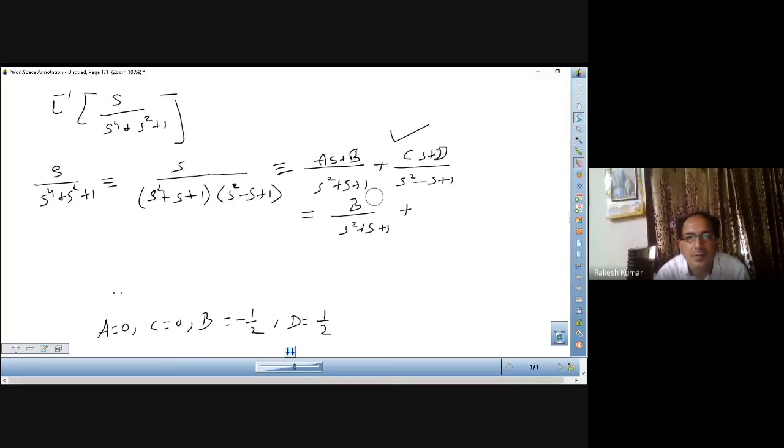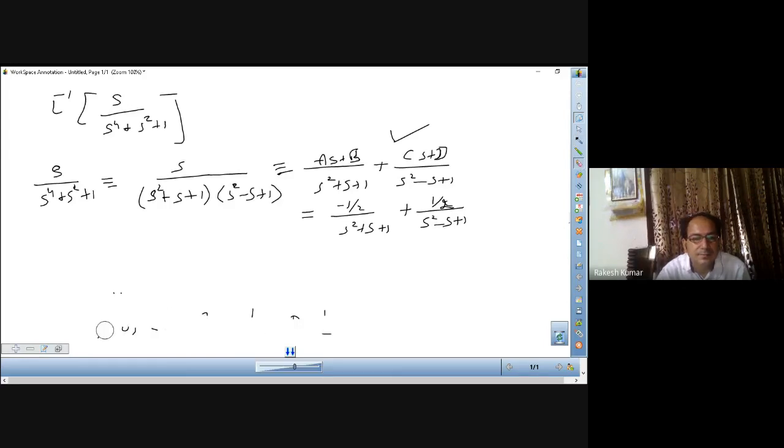The value of b is minus 1 by 2, it can be substituted over here, and similarly d is 1 by 2, and the denominator s square minus s plus 1. Now you need to make the adjustments of this function and find out the Laplace inverse transformation.